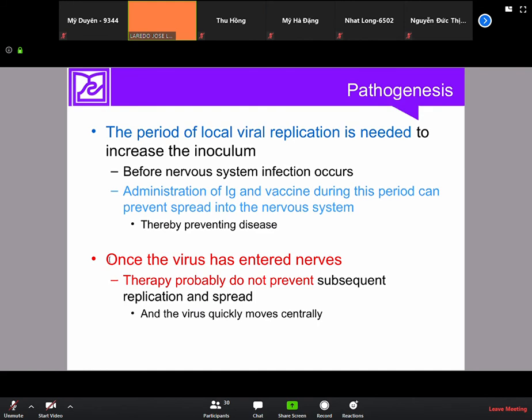So once the virus has entered in the nerves, the disease cannot stop. So the post-exposure prophylaxis should be given before the virus enters in the local peripheral nerves.